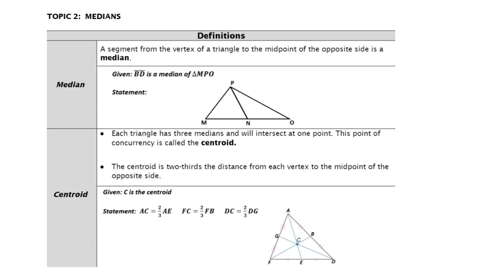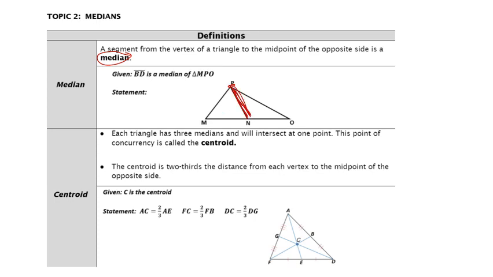The other special segment we're going to see for triangles is a median. A median is a segment that goes from the vertex of a triangle to the midpoint of the opposite side. For this example, you can see P is a vertex. It's not dropping a right angle like the one we just saw. It's actually going to the middle of the opposite side.